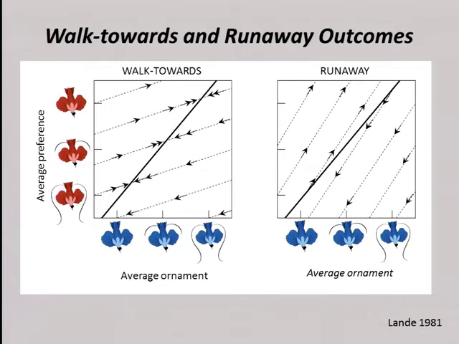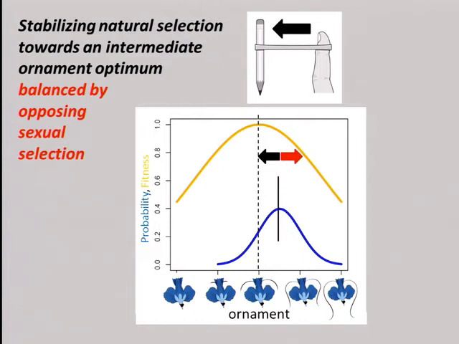So I'm going to sketch that model for you, but first let's look at this little tension. Once you're on that line I just showed, the line of equilibrium, you stop evolving because you've reached a balance between sexual selection in red and natural selection in black. Now, what's natural selection?